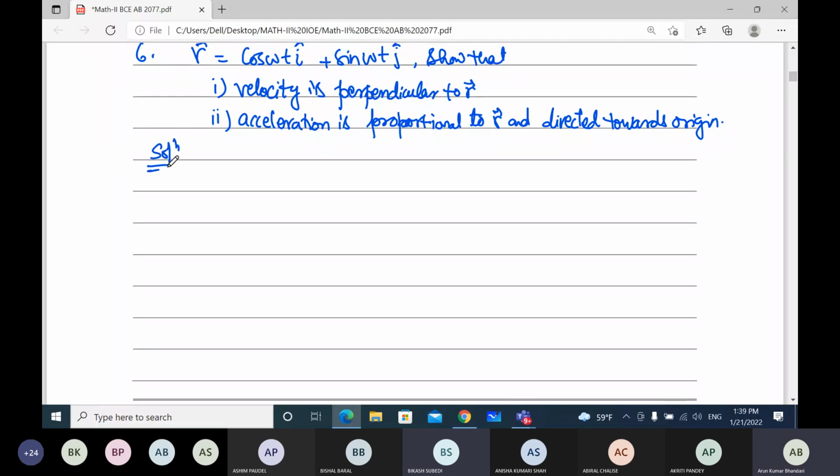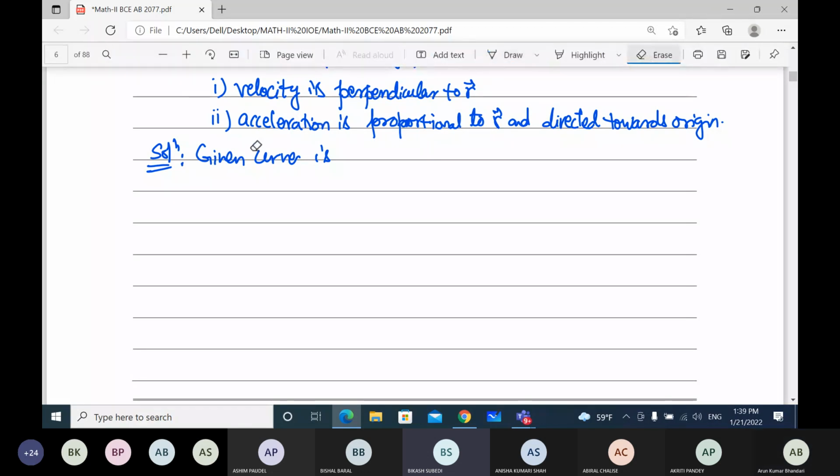Let us solve it. Given curve is r equals cos of omega t i plus sine of omega t j.